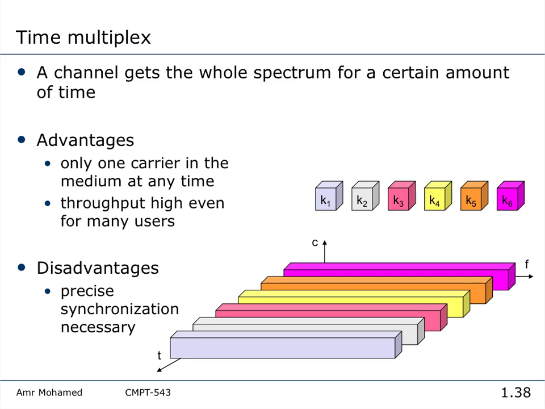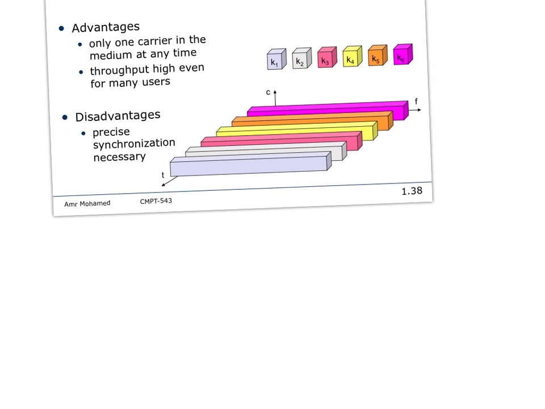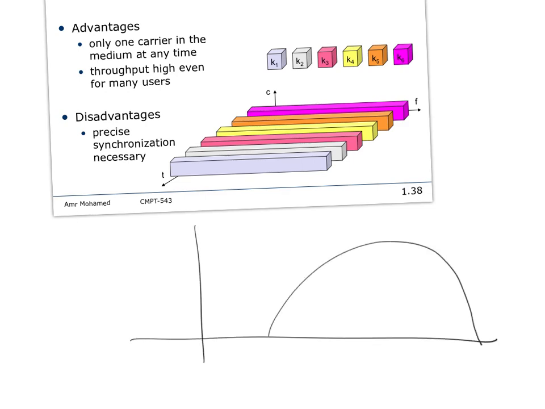In the frequency domain, the shared medium has this spectrum range, and there is one carrier frequency for the whole spectrum. It's like when we say GSM 800. 800 megahertz is actually the carrier frequency, right? So using TDMA, there's one carrier frequency for the medium, and that's it.